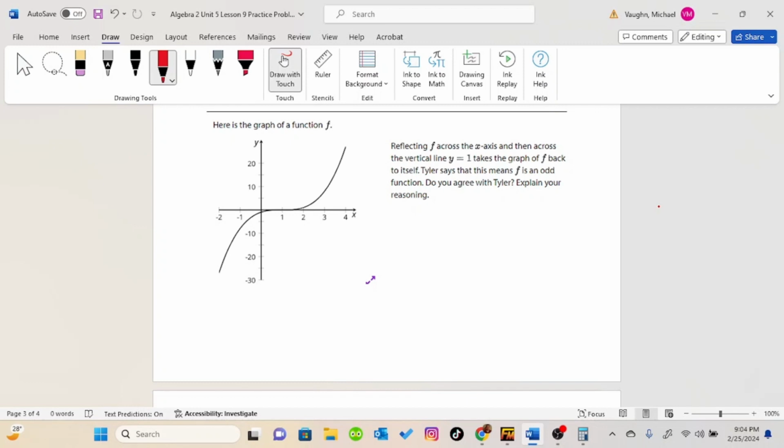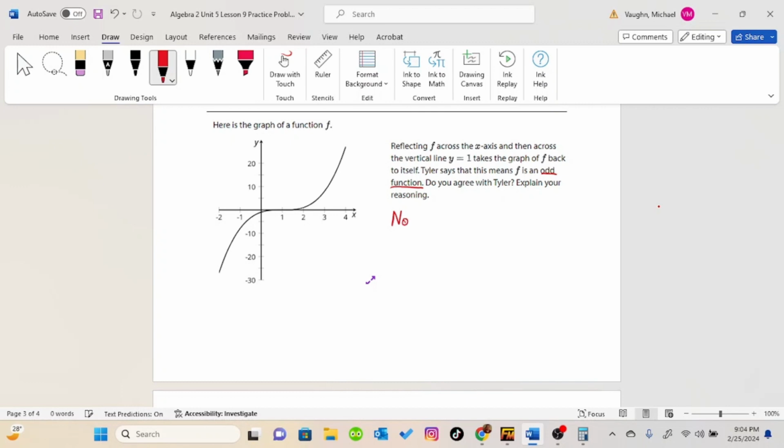So, Tyler is saying this is an odd function. An odd function is symmetrical about the origin. You need to be able to reflect it across the x-axis and across the y-axis, not across the vertical line y equals 1.